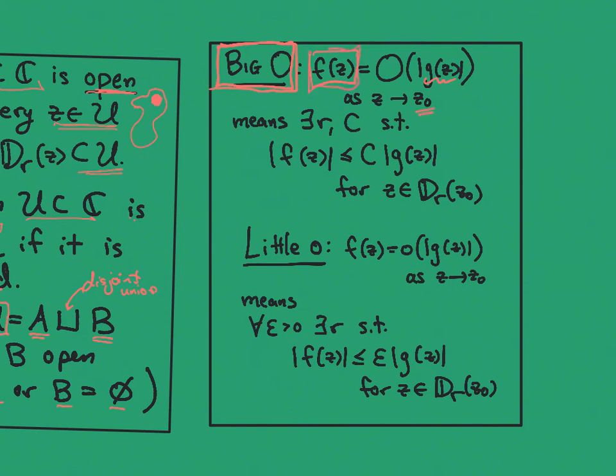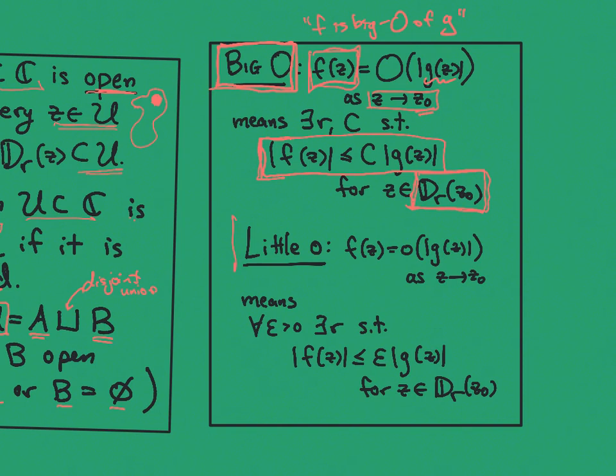And we say f(z) is big O of g as z goes to z naught, and that just means that near z naught, there exists an r such that for all z within r of z naught, f is bounded by a constant times g. So big O here just means f is controlled by g up to a constant.